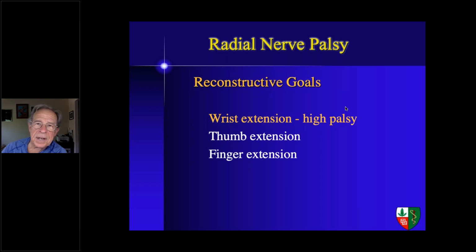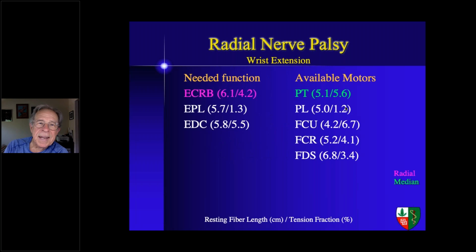In talking about wrist extension for a high palsy, the needed function is the key muscle for wrist extension, which is the extensor carpi radialis brevis. That's the most effective of our wrist extensors, and we can see using Brand's work, the resting fiber length and the tension fraction.